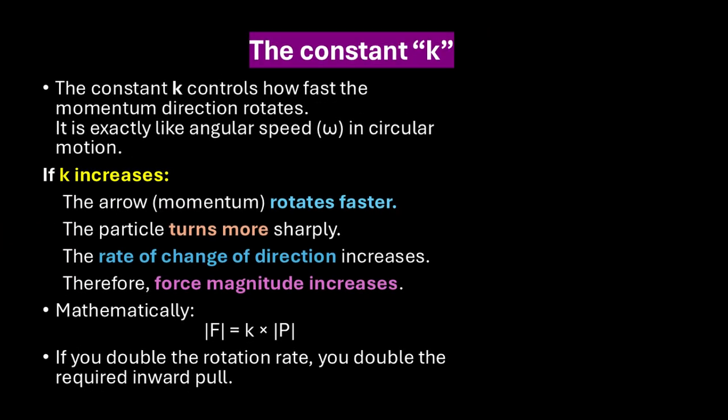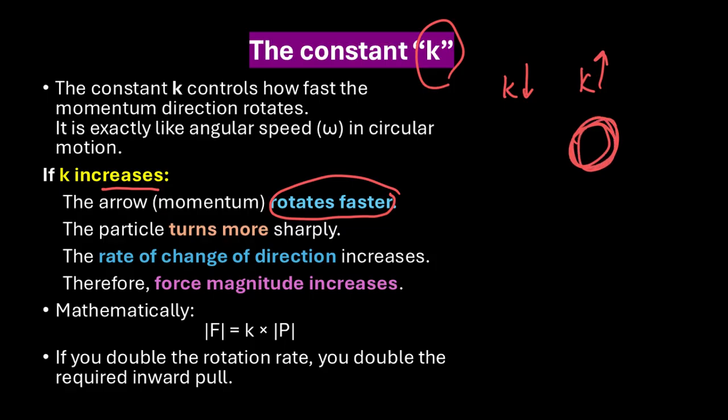Coming to the next important one, the phrase in the expression, which is K. How would K influence the vector? If the value of K increases, the momentum vector will rotate faster. So small k would be like this. For larger values of k, the momentum vector would rotate faster, which means it would turn more sharply.